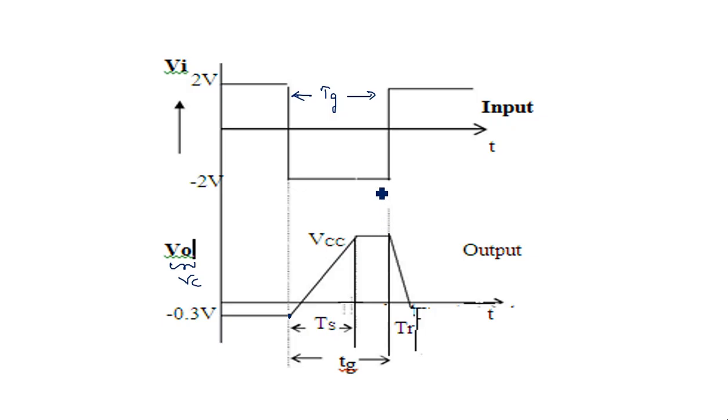When the gating pulse reverses, transistor Q1 comes into the on state, so the capacitor discharges again. The charging period is known as the sweep period and the discharging period is known as the retrace period. Overall, this happens in the period TG. So this is the explanation of the time-base generator in the bootstrap configuration using BJT.